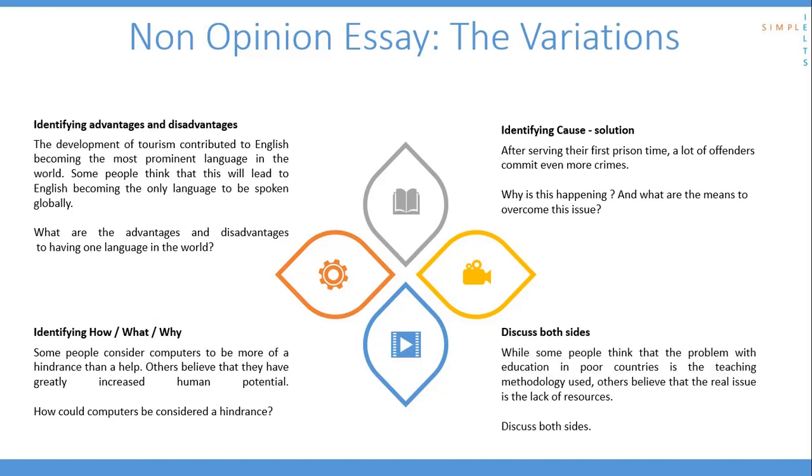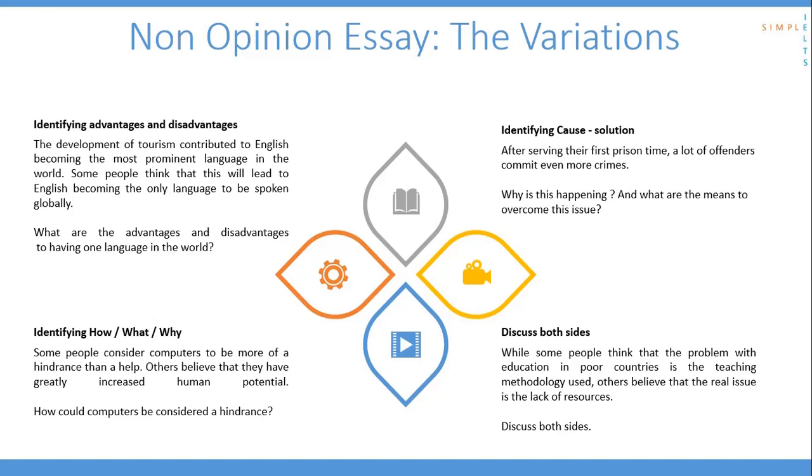Okay, the fourth variation is discuss both sides. Let me read the example. While some people think that the problem with education in poor countries is the teaching methodology used, others believe that the real issue is the lack of resources. The question is, discuss both sides. So this is as simple as providing two sides of the idea.